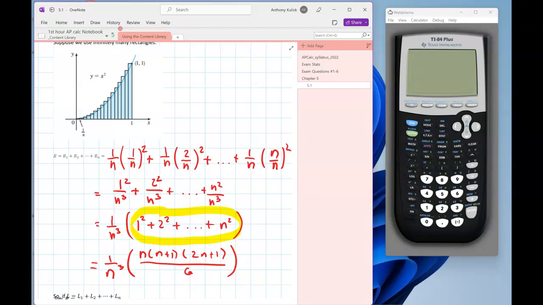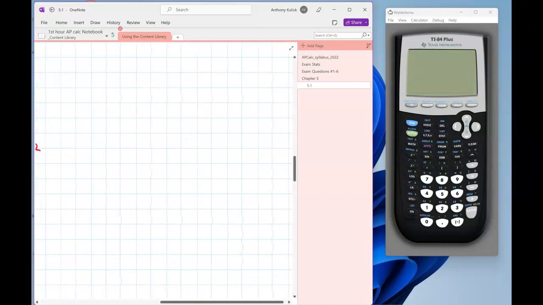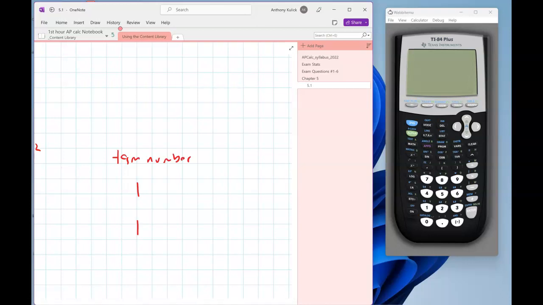As an aside, you know how you'd come up with this? So you'd have the term number. At 1, the output is 1. The sum of the first 2 terms is going to be 1 squared plus 2 squared, so that's 5.